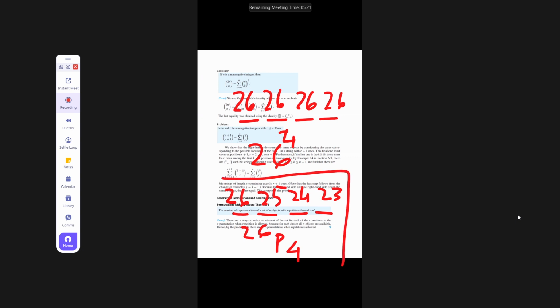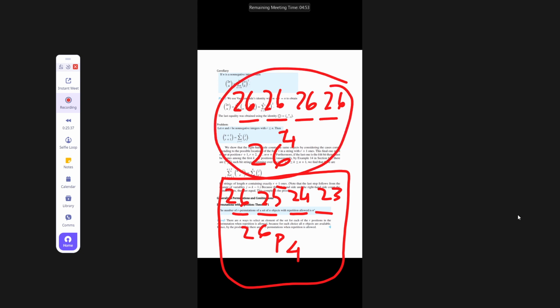Without repetition, the one that I have boxed on your screen, if you are not allowed to repeat the alphabet, you would have said, ma'am, it's going to be 26 into 25 into 24 into 23, which is effectively 26 permute 4. If I allow repetition, then this is your answer, 26 to the power 4.